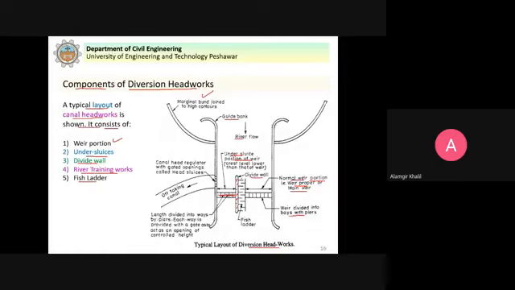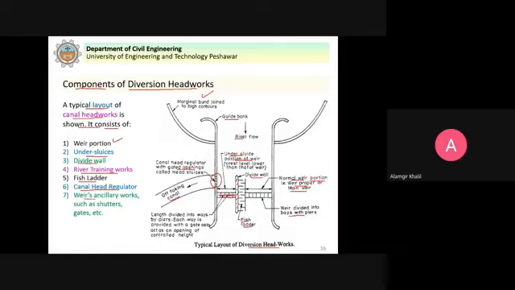You can see here, this is the fish ladder, so the fish can travel from upstream to downstream and downstream to upstream. For this purpose, the fish ladder is provided. Then the canal head regulator. You see here, this is the canal head regulator with gated openings, so we regulate the flow of water into the canal.